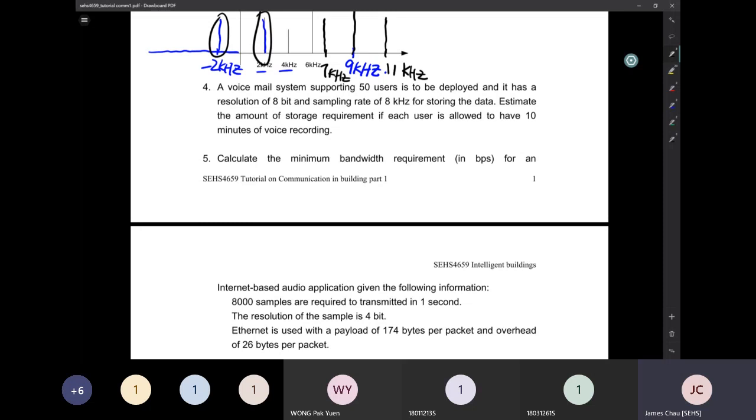Now, in this question, we have a voice recording to be done at a minimum of 8 kHz with a resolution of 8 bits. So that for each user, 10 minutes of storage will require... okay, let me see.